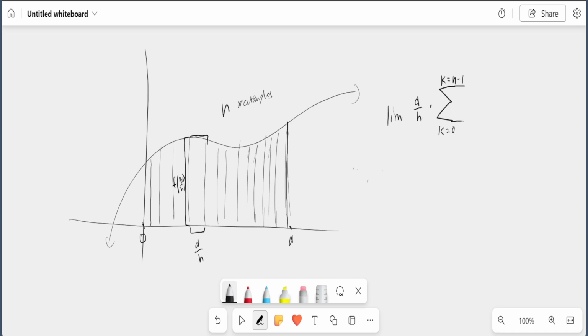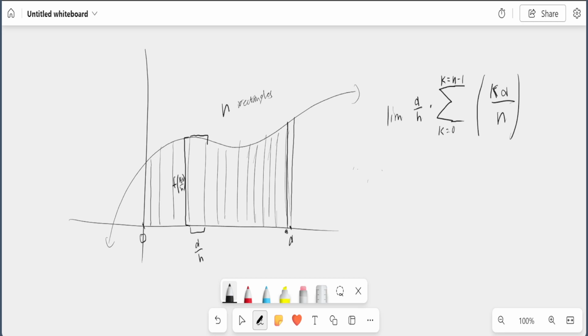So the last rectangle would be right before a, which would be k equals n minus 1 times a over n. So it would be the sum from k equals 0 to n minus 1 of f of k a over n.